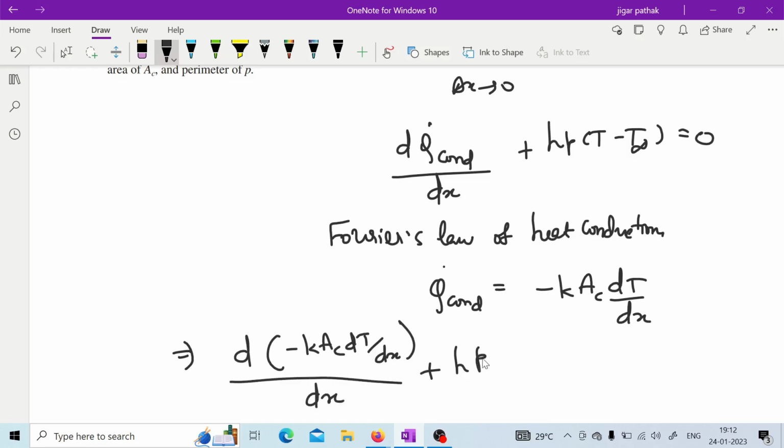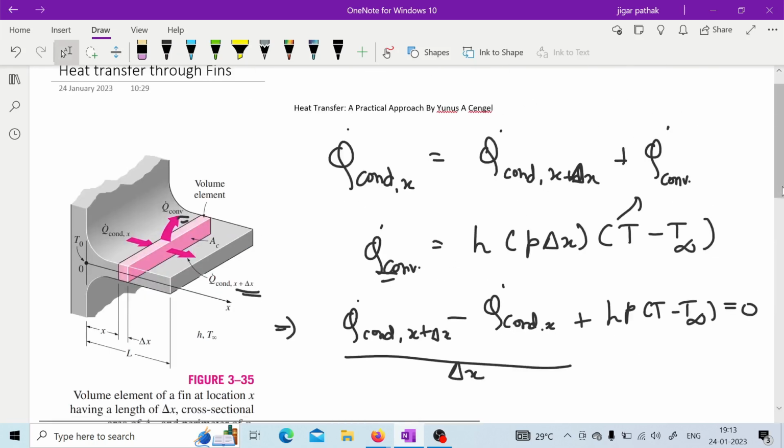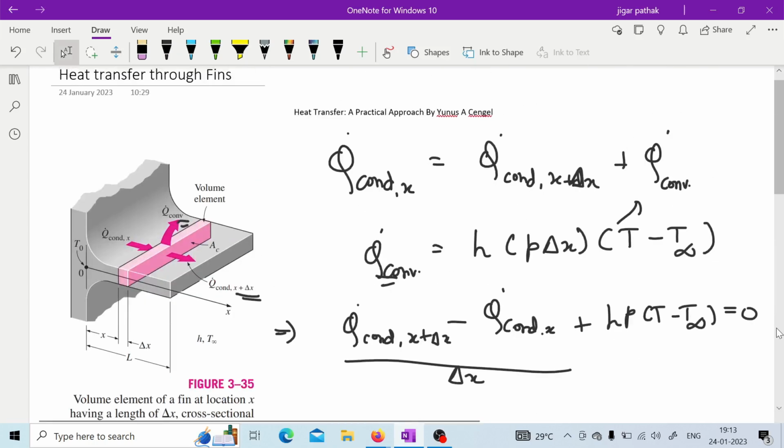Now in this equation, generally fins may be of varying cross section as well as varying perimeter throughout their length, but if we consider the cross sectional area and perimeter constant, then this equation can be simplified.